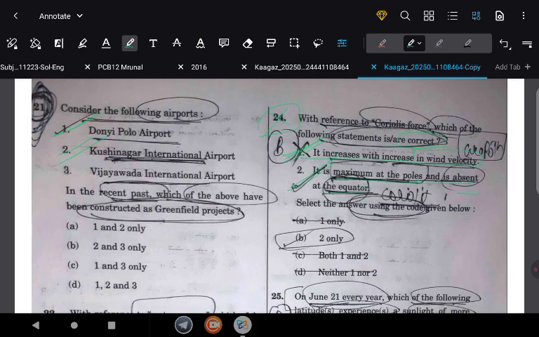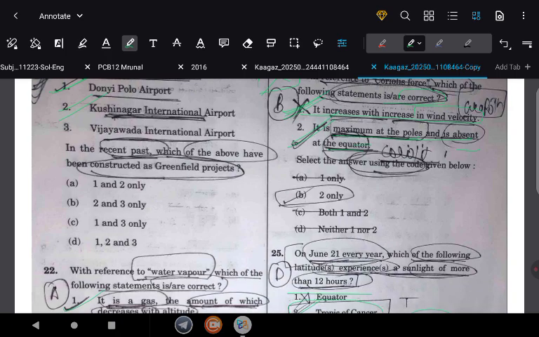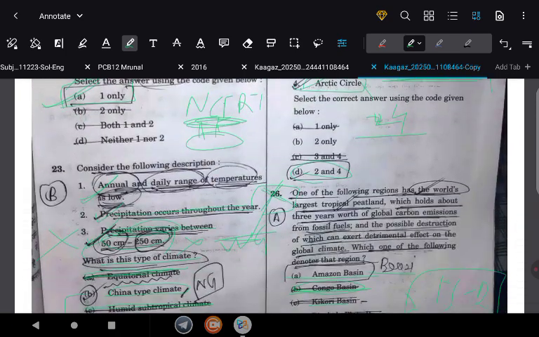And I have certain techniques which I use. For example, if I know for a particular fact that it is true, then I would just mark it over there, and I would mark it in the OMR after completing all the 5 to 6 questions on a particular page, there and then.